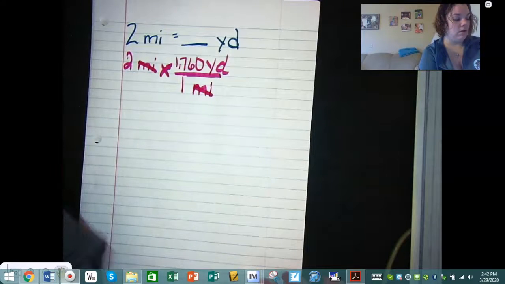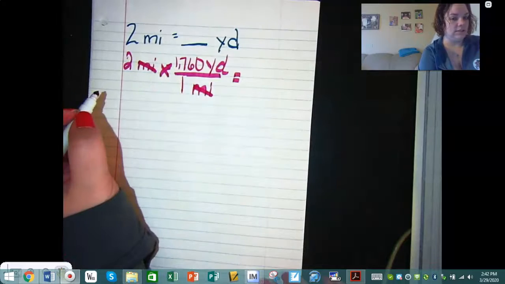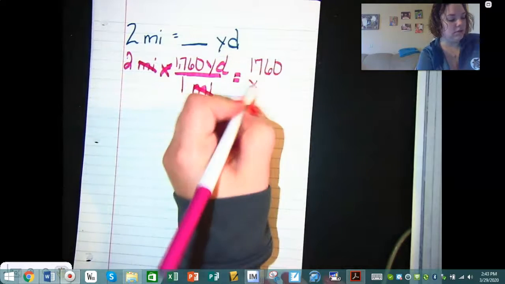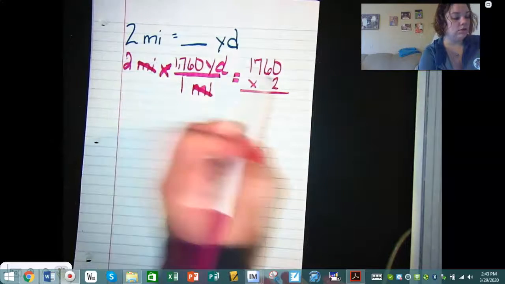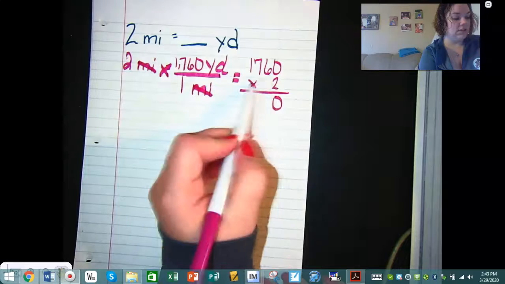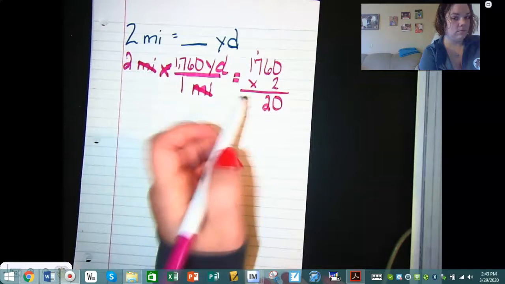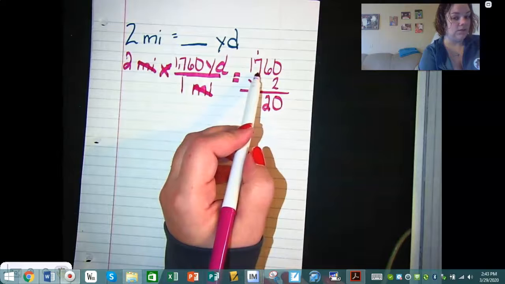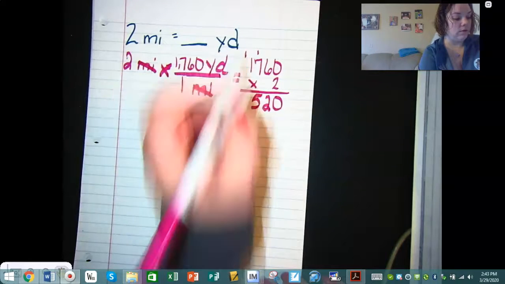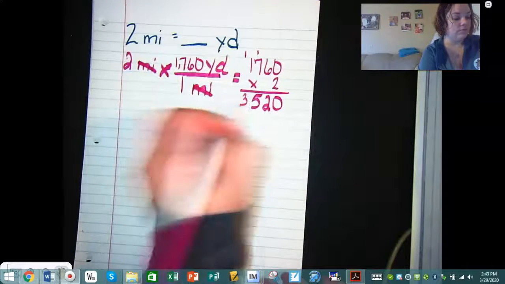And now we have to multiply 2 times 1,760. 2 times 0 is 0. 2 times 6 is 12, carry the 1. 2 times 7 is 14, plus 1 is 15, carry the 1. 2 times 1 is 2, plus 1 equals 3.